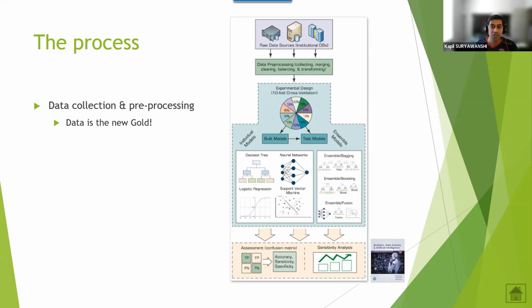Now, data is the new gold. Why they say that is because everyone wants to be ahead of the game. They want to have an advantage over the competitors in the market.